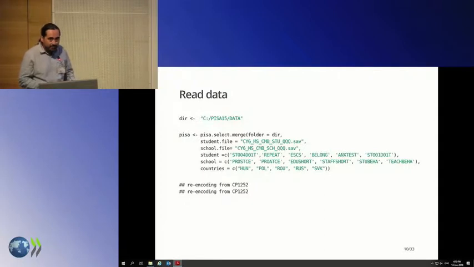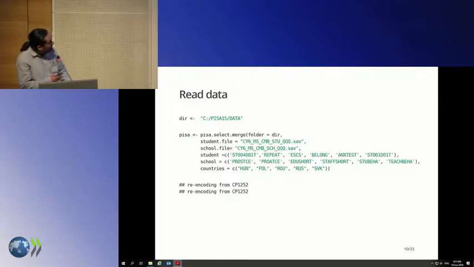Actually, the functions for data importation and merging are much more relevant for other data sets, such as TIMSS and PEARLS, because they are structured in many different files by instrument and country. In PISA you usually have two files, schools and students, so you can easily do that manually, so you don't really need to use this kind of function, but still, I will just explain how it works.